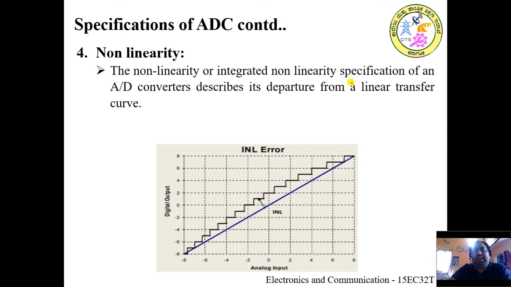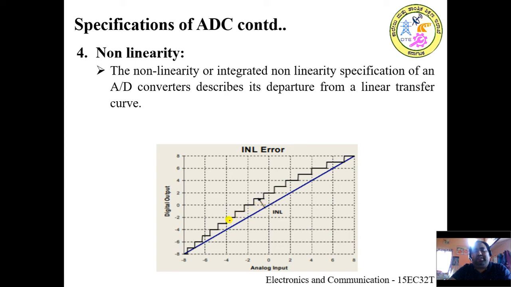The non-linearity specification of an AD converter describes its departure from the linear transfer curve. So here you can see in the graph the straight line shown in blue color indicates a linear transfer curve, and the zigzag line shown in black color indicates the actual ADC output. As you can see, these are not the same here.